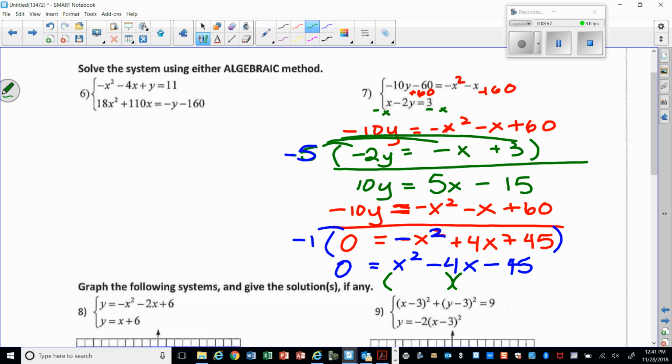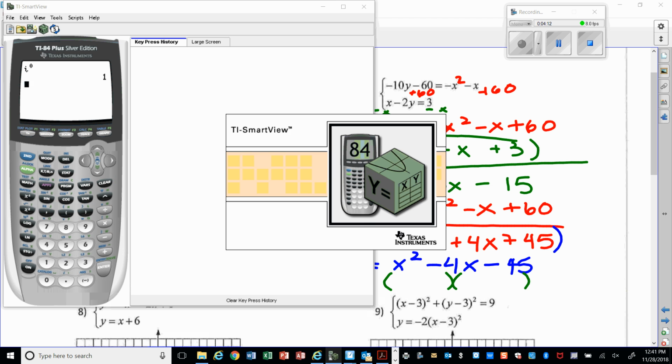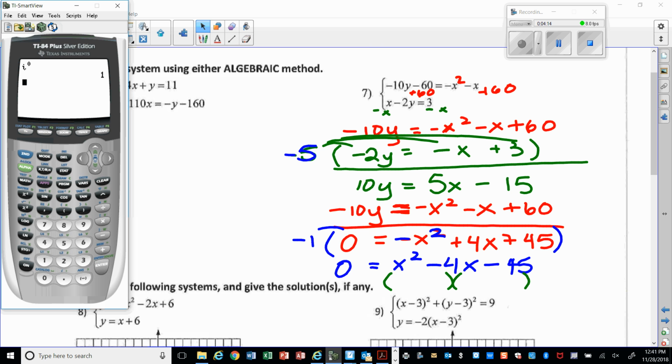Factors are in parentheses, and so now I want two numbers that are going to multiply to be negative 45. So I can go on my calculator, and I'll go to y equals, and I'm going to make this a negative 45, make sure you have the sign there, divided by x.